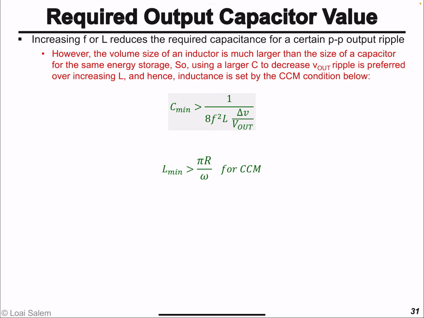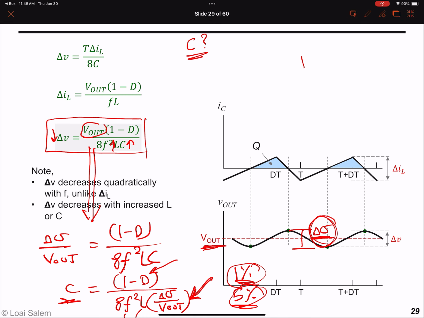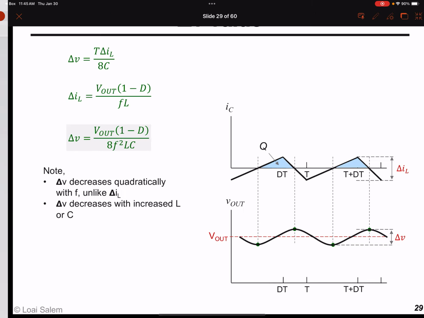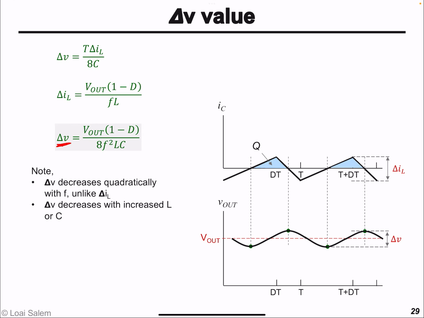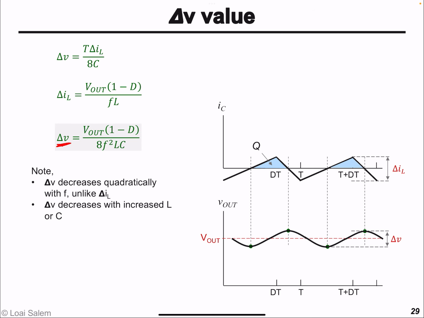Just one last note, you can notice that the output ripple, as I mentioned, you can achieve this normalized output ripple by either increasing L or C. Either way, you will reduce delta V, but the inductor L occupies a much larger volume than the capacitor with the same amount of energy storage.